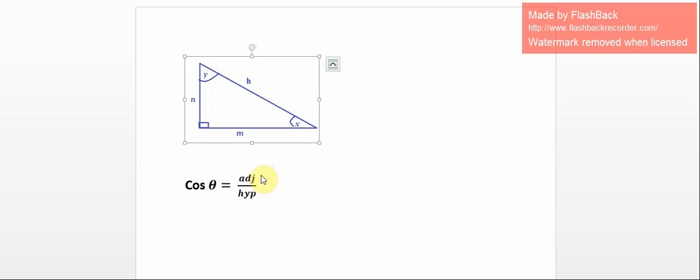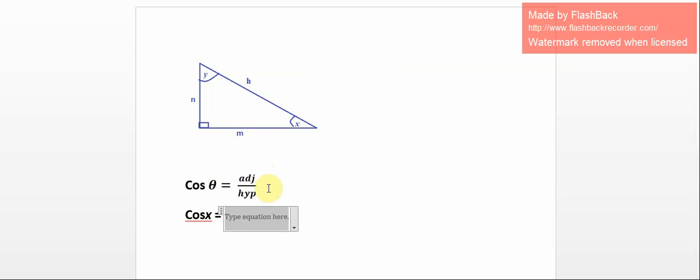Adjacent over hypotenuse. In that case, if I'm looking for cos x, it will be equal to my adjacent, m, over my hypotenuse h.